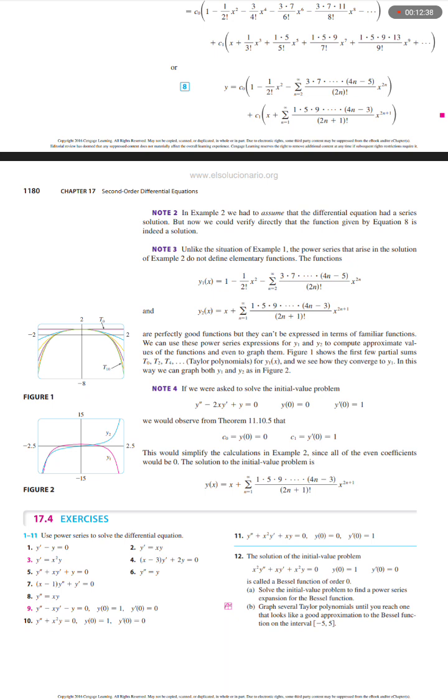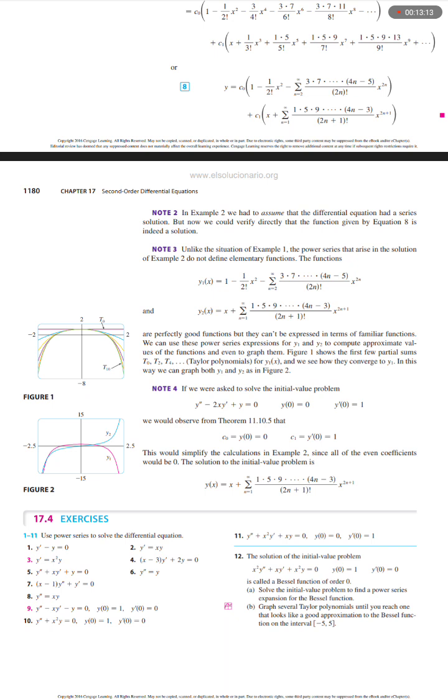Note 4. If we were asked to solve the initial value problem y double prime minus 2x y prime plus y equals 0, y of 0 equals 0, y prime of 0 equals 1, we would observe from theorem 11.10.5 that c_0 equals y of 0 equals 0, and c_1 equals y prime of 0 equals 1.